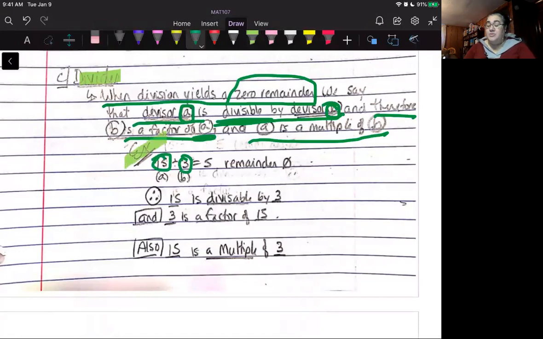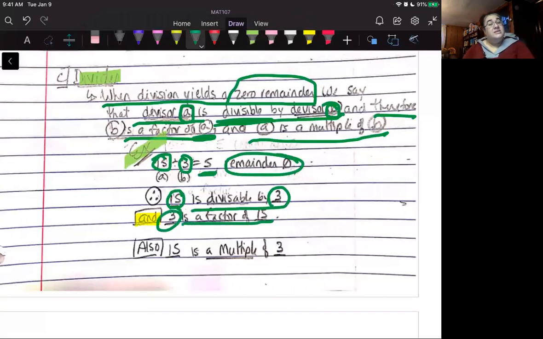Because there is a zero remainder, I know that 3 will go into 15 five times. Because this is true and there's a zero remainder, that means that 15 is divisible by 3 and that 3 is a factor of 15.